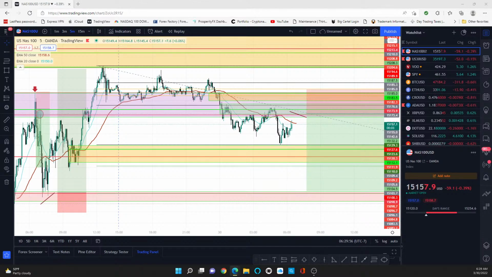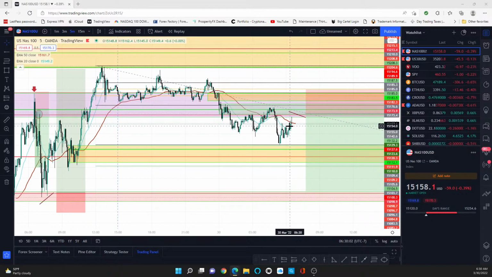Looks like it's still rejecting this 50 EMA right here, right? Let's see. Still rejecting it, right? I like that rejection.